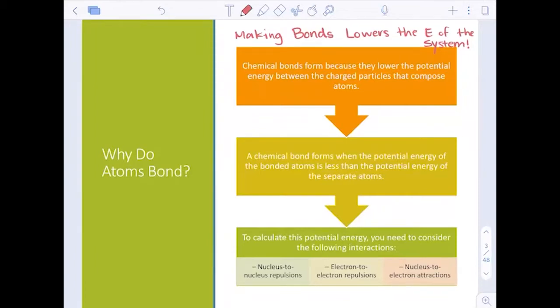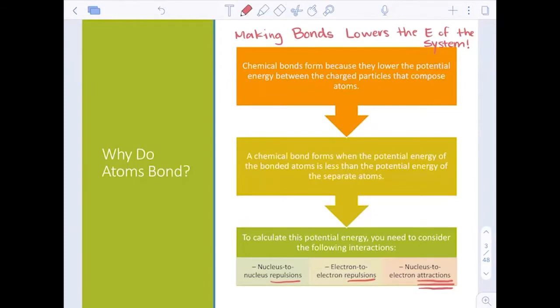Atoms are the same way. There are nucleus to electron attractions, and that attraction holds those two species together. Now, in order to actually break a bond, we need to pull that attraction apart. So things that we need to consider, yes, there are repulsions, and we'll discuss what those are in just a little bit. But the overall idea of why bonding happens is because there is an attraction between opposite things.